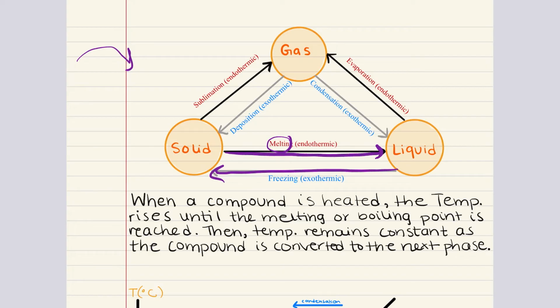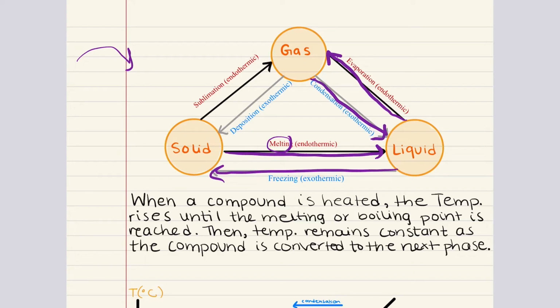Now we can also talk about going from a liquid to a gas. This is the process called evaporation, and it is also endothermic. It requires heat to overcome the attractive forces between liquid molecules, allowing them to move freely as a gas. What about the opposite process, going from gas to liquid?